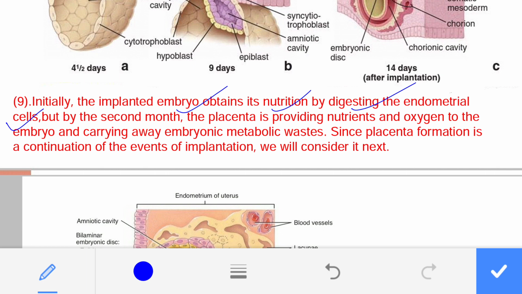But by the second month of pregnancy, the placenta is developed, and now this placenta is providing nutrients and oxygen to the developing embryo, and the placenta is also performing the function of removing the metabolic waste. So in the next lecture we will learn about the placenta formation.